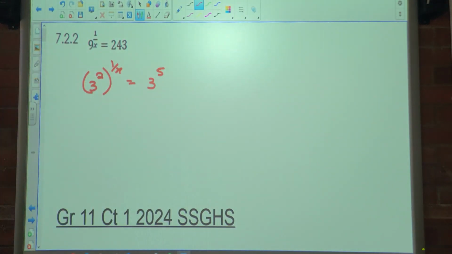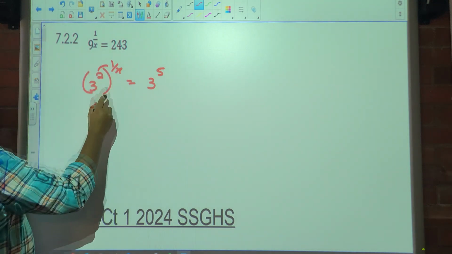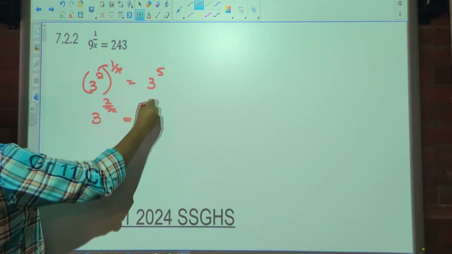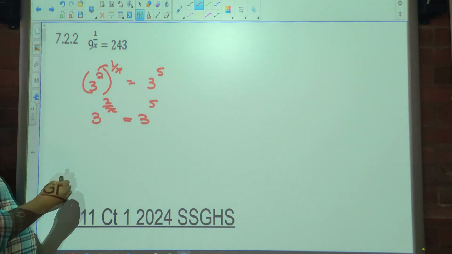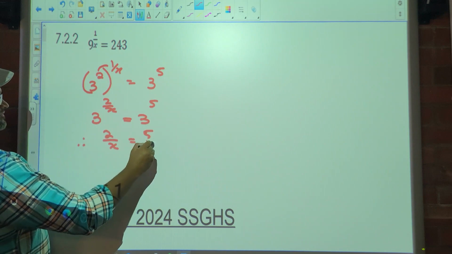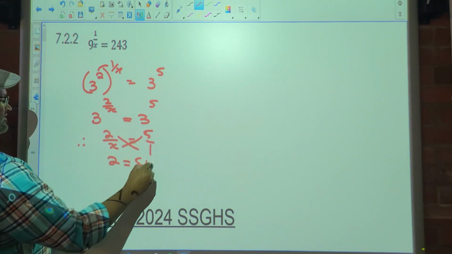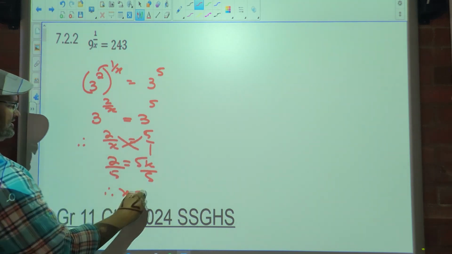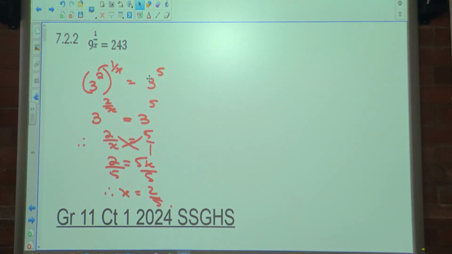We want the bases to be the same. Multiply that in: 2 times 1 over x is 2 over x, equal to 3 to the 5. When bases are the same, exponents are equal. So 2 over x is equal to 5 over 1. Cross multiply. 2 times 1 is 2. 5 times x is 5x. Divide by 5 on both sides. So therefore x is 2.